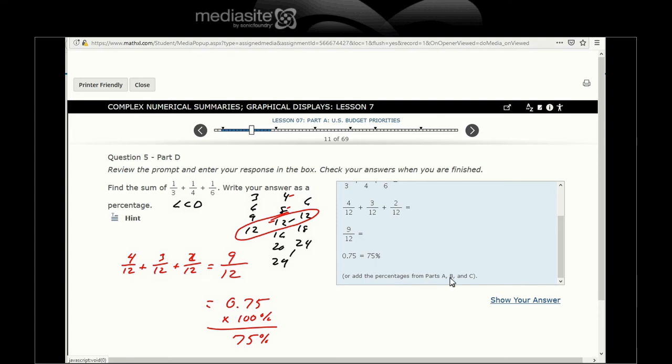I don't fully agree with this one because you may screw up some of the decimal places. But 75%.